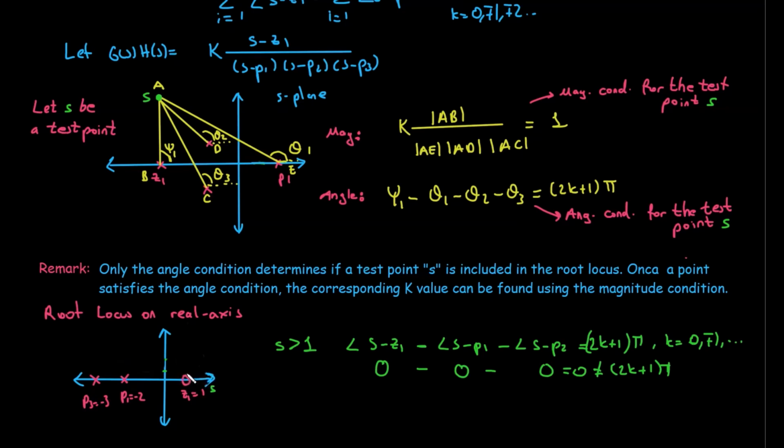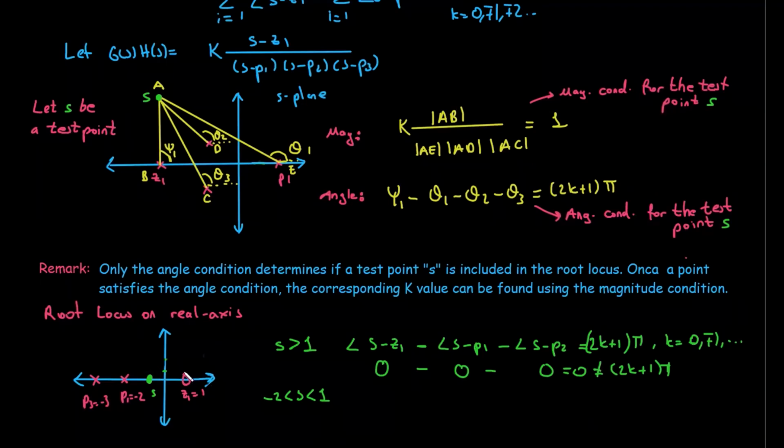And this was my zero back in there. What I would like to do is pick another test point between -2 and 1. So I will pick my next test point S between -2 and 1.